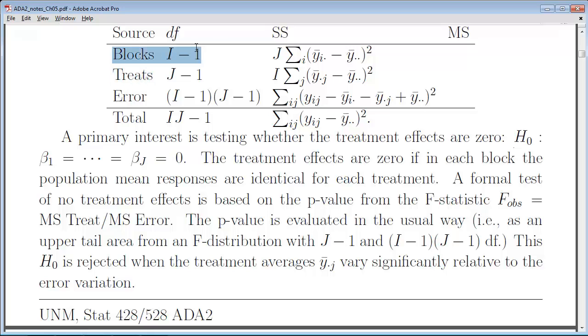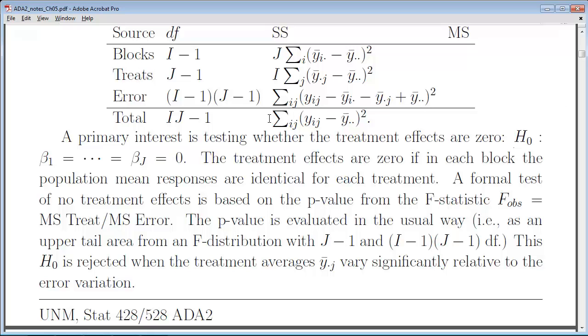So we typically, even though this test will show up in the output, we rarely care about whether block is important. What we do care about is that block has absorbed some variability, some of our total variability, so that our error variability is smaller, which allows us to better observe the difference between treatments.